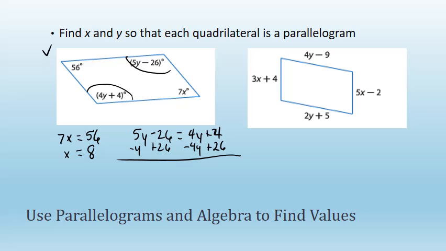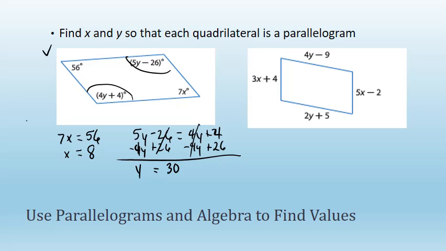And once we do, 5y minus 4y equals y. The 26 minus 26 cancel, positive 4y, negative 4y cancel, and y is equal to 4 plus 26, or y is equal to 30.